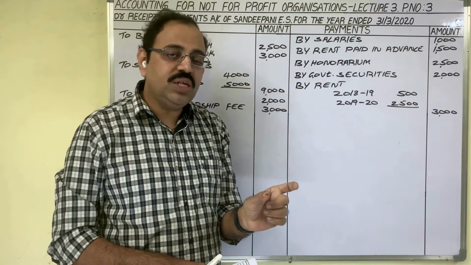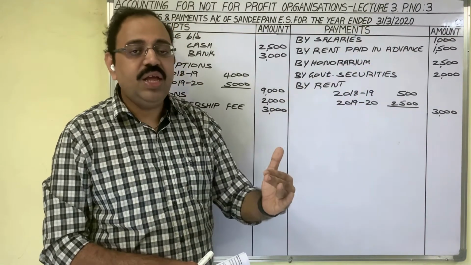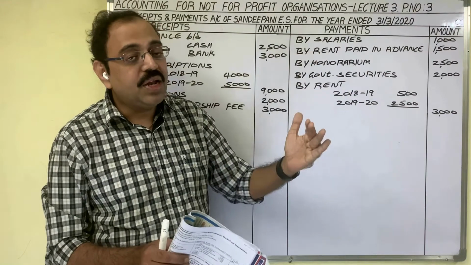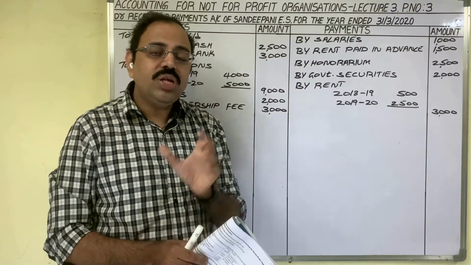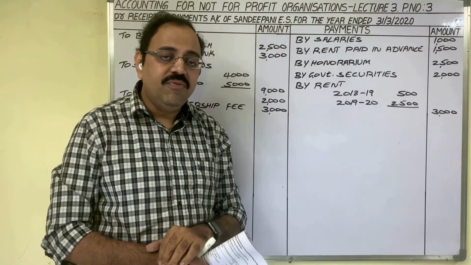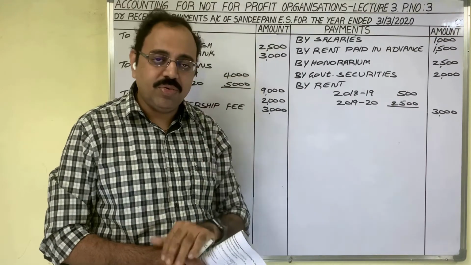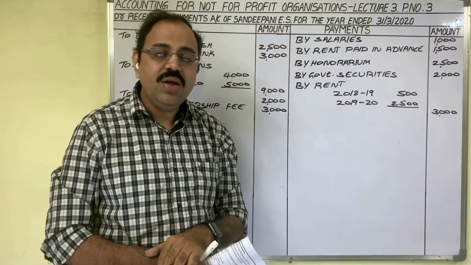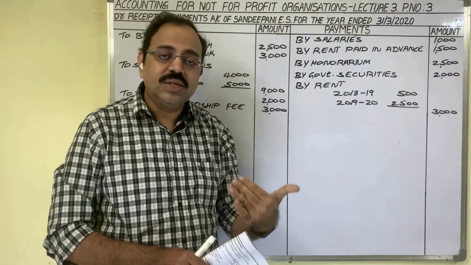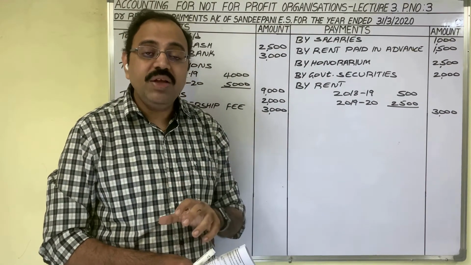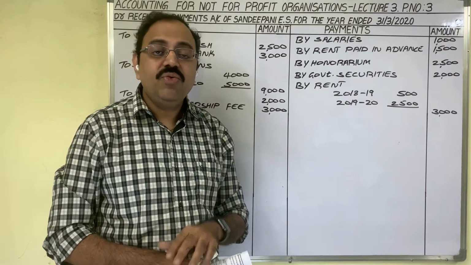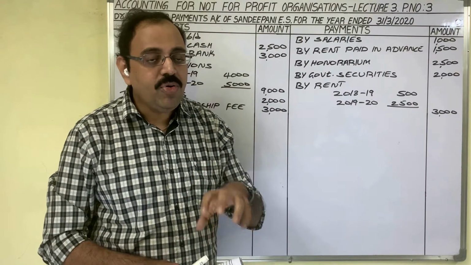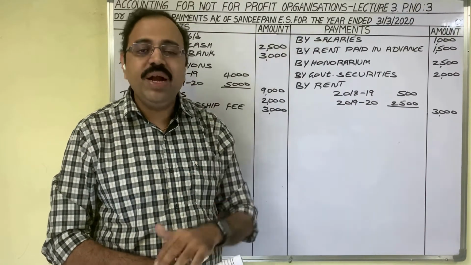If they receive any income, they add that income to this fund. How will this fund be created? With the last year's surplus amount, or with specific donations, or with government grants, etc. So we are maintaining this building fund, and we are going to use this fund amount only for the construction of a building.